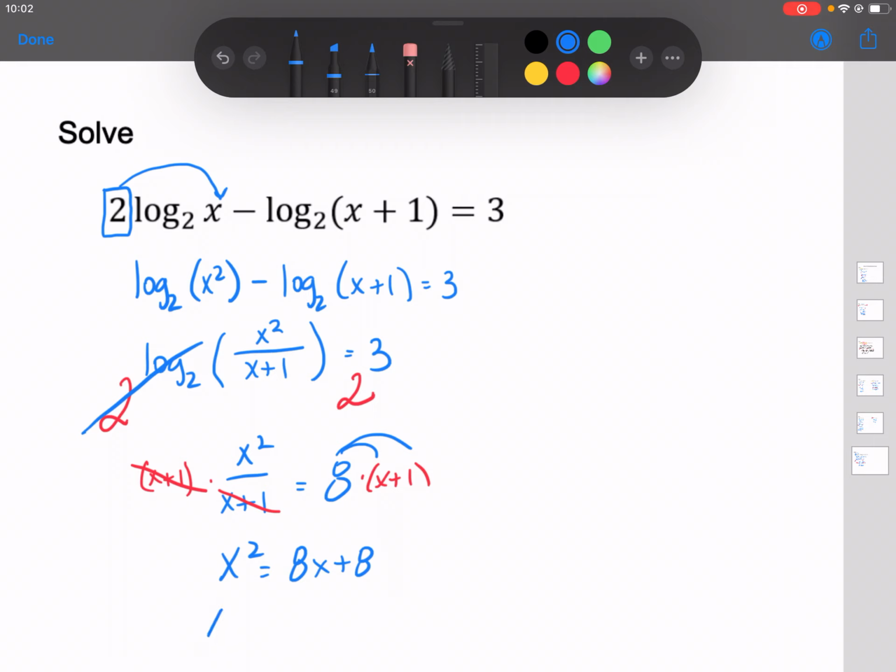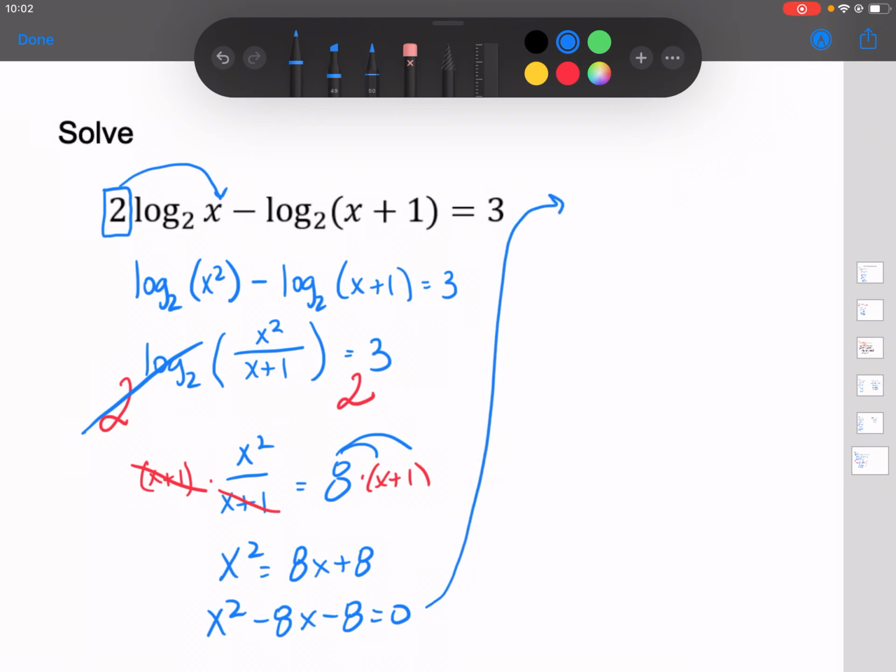Now there are multiple terms and it's quadratic, so I'm going to subtract everything and get it equal to 0 and factor. So if you look at this problem, there are actually no factors of negative 8 that add up to negative 8.